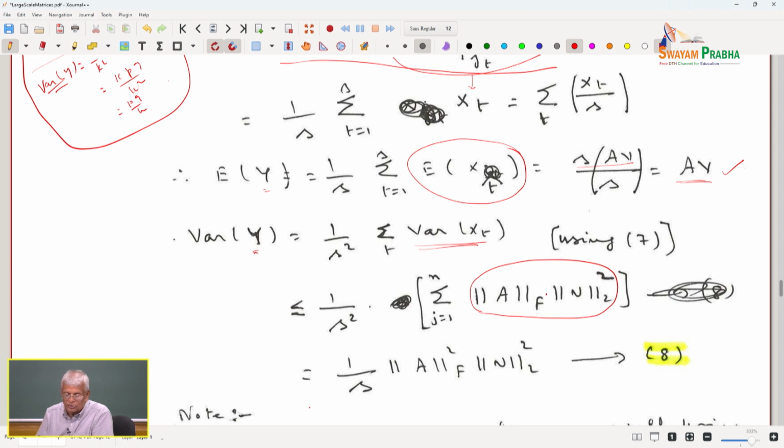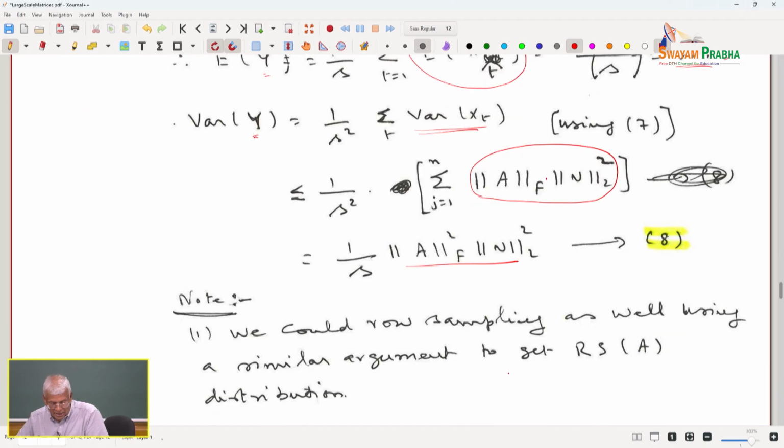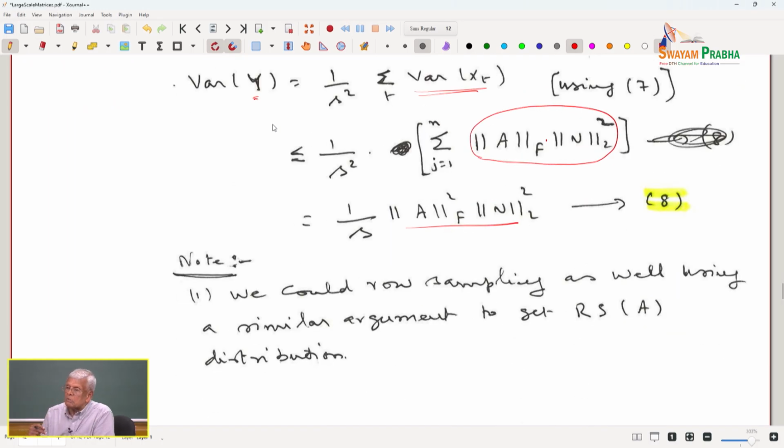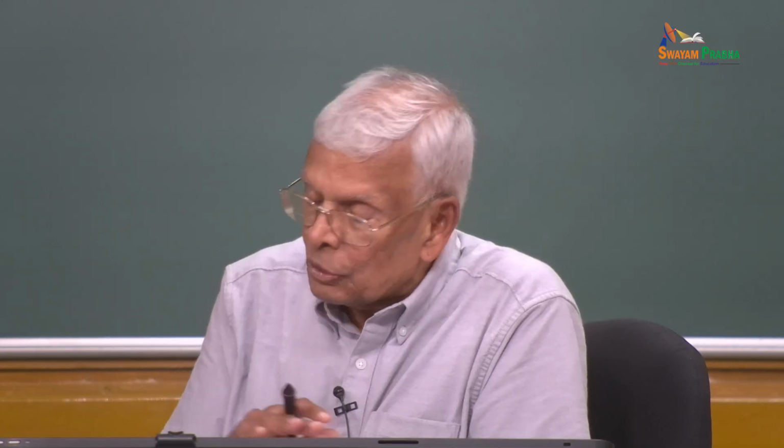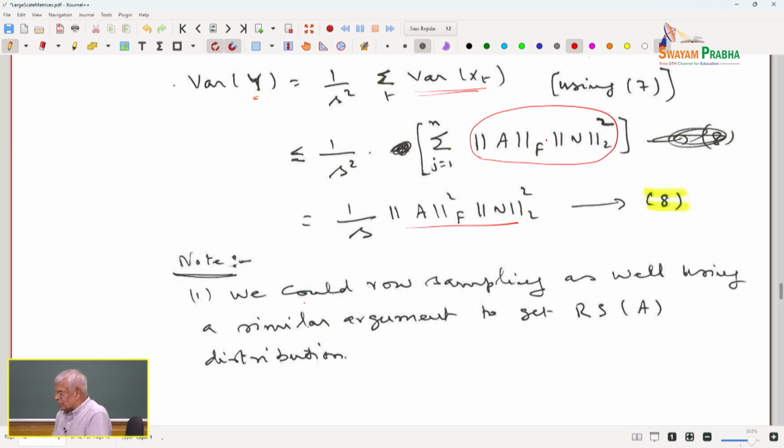So, S gets cancelled, leaving behind 1 over S times this. That means, by repeating the experiment S times using the sampling probabilities, which minimize the variance in a single pick, I am going to further reduce the variance by a factor S. So, we could essentially understand how the repeated sampling is going to help reduce the variance further.